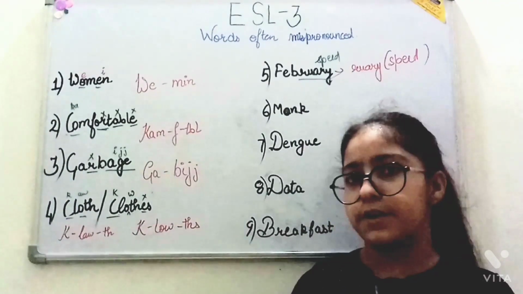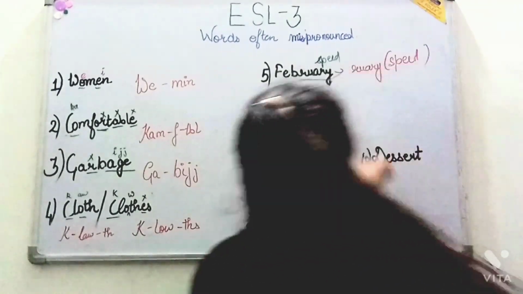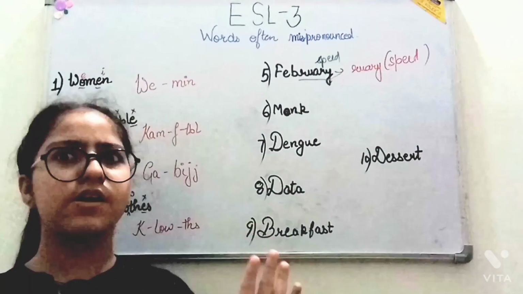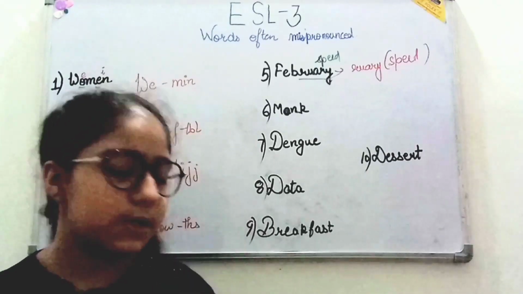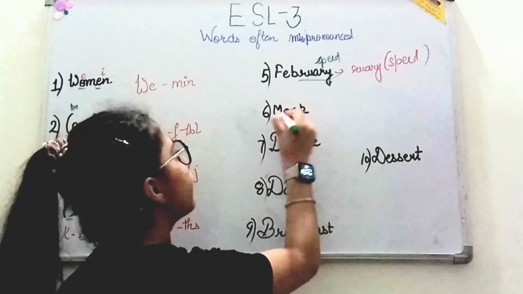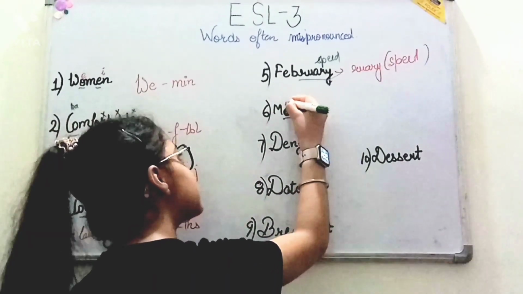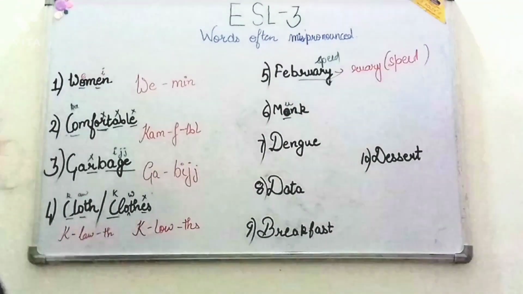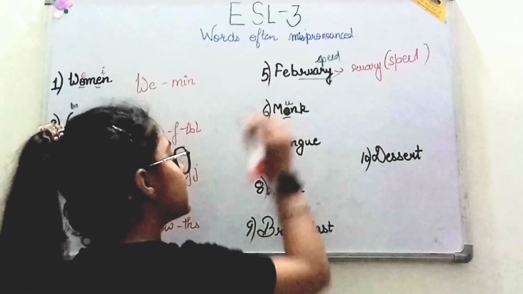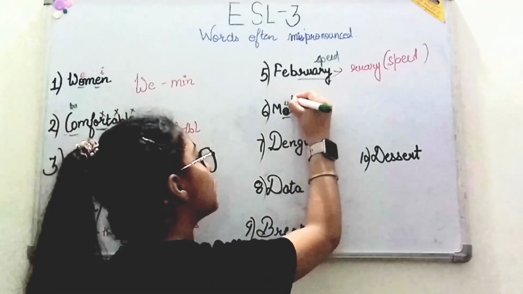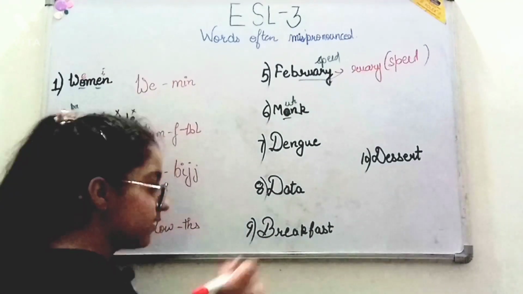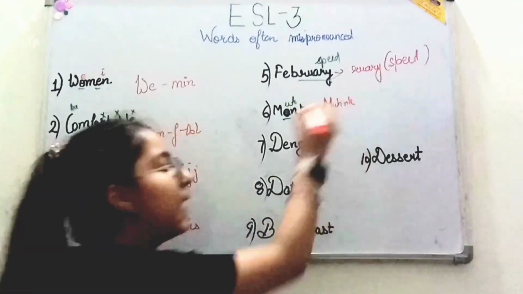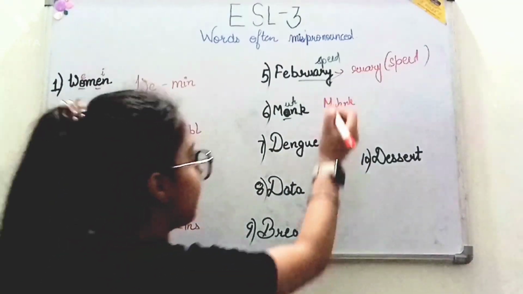So February, right? Number 6 is this, and we call it monk. Monk is not correct. The correct pronunciation is, instead of O, we are going to use U, and with U we are going to use H. So it will be monk. There's a pause, right?